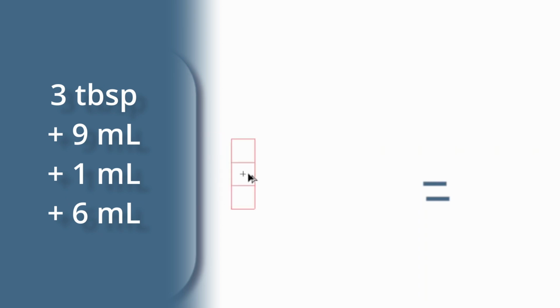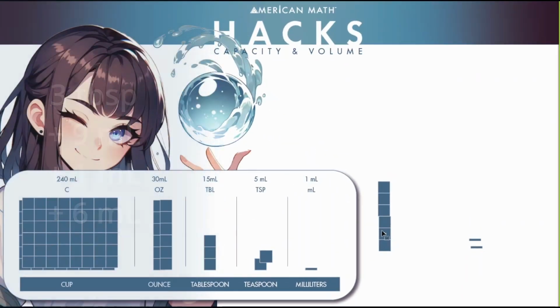There we go. Excellent. Plus 3 teaspoons. So it would be a tablespoon. Oh, hold on. I need to grab it. Oh, I see what I did. Boom. There we go. Excellent. Answer is 1 ounce and 2 milliliters. Perfect. Clear.